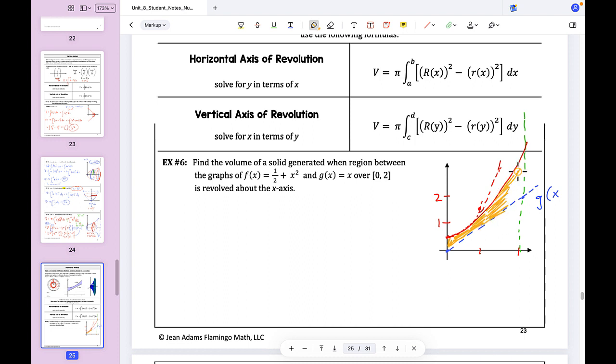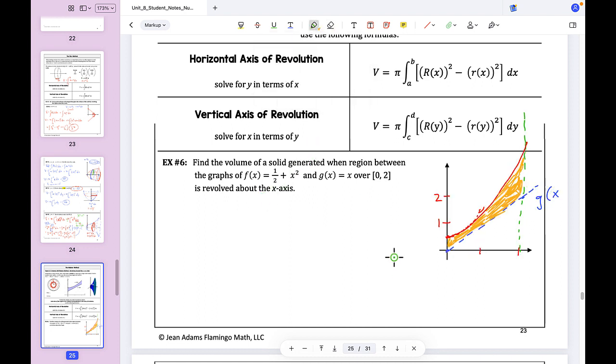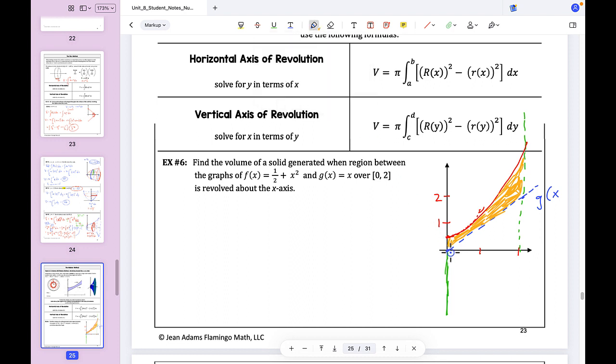So the region that's bound there is this space here. Now we're going to go ahead and revolve that around the x-axis. So if we rotate that around the x-axis, I've got my g of x, that's this one right here. It's not going to be perfect, but we'll get the idea.